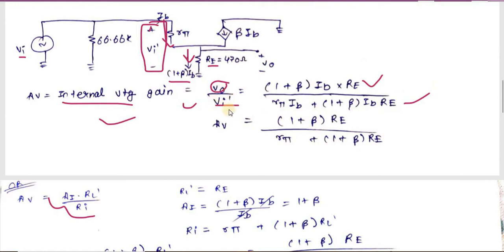Okay, if we take VI dash to the other side, we will get R pi IB plus 1 plus beta IB into RE. Okay, now in numerator and denominator you have seen that IB is there, which you can take common and cancel. Okay, so if we simplify it, we will get this as a formula. AV will be 1 plus beta RE upon R pi plus 1 plus beta RE. Okay, so this is what you got from this VO by VI dash formula.